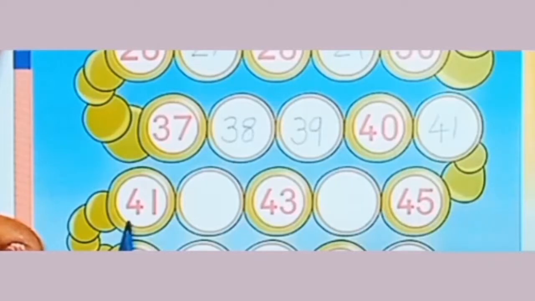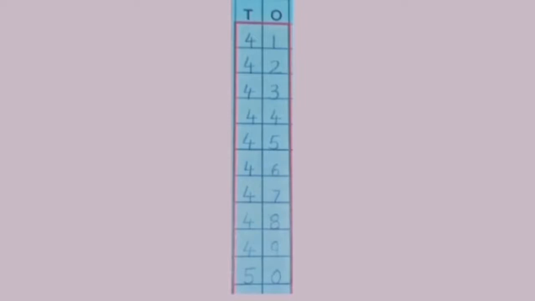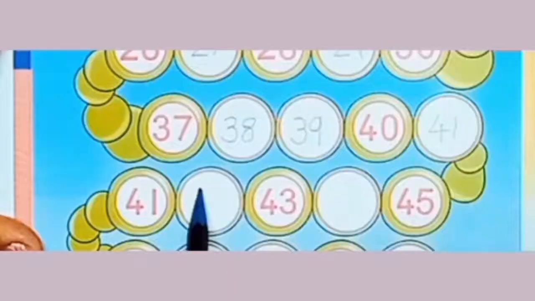Now 41, dash. After 41, yes, 42. 43. 44. So 41, 42, 43, 44, 45.